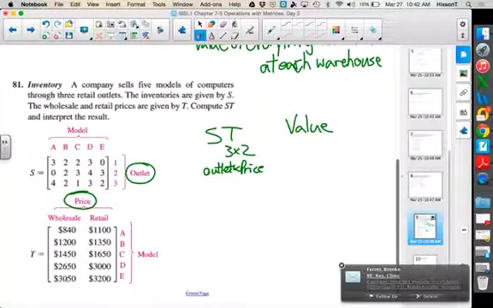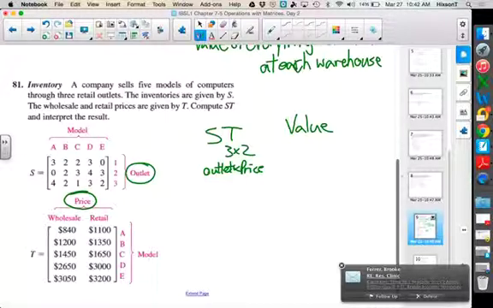Wholesale is, if one of these was Best Buy, the store buys from the manufacturer at a certain price. That's the wholesale price because they're buying a whole bunch of them. So the manufacturer gives them a discount. Then they turn around and sell it for more, obviously, because that's how they make a profit. That's the retail price.